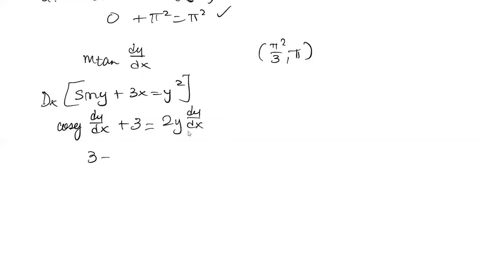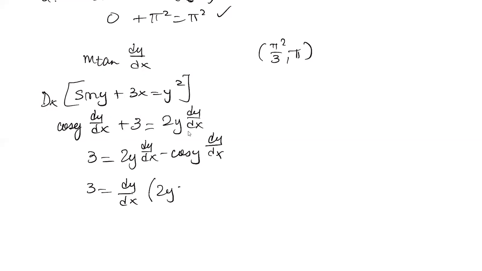So this would be 3 is equal to 2y dy/dx minus the cosine of y dy/dx. And factor the dy/dx out on the right, and we'll get 3 is equal to dy/dx times 2y minus cosine y. Or dy/dx is 3 over 2y minus cosine y.